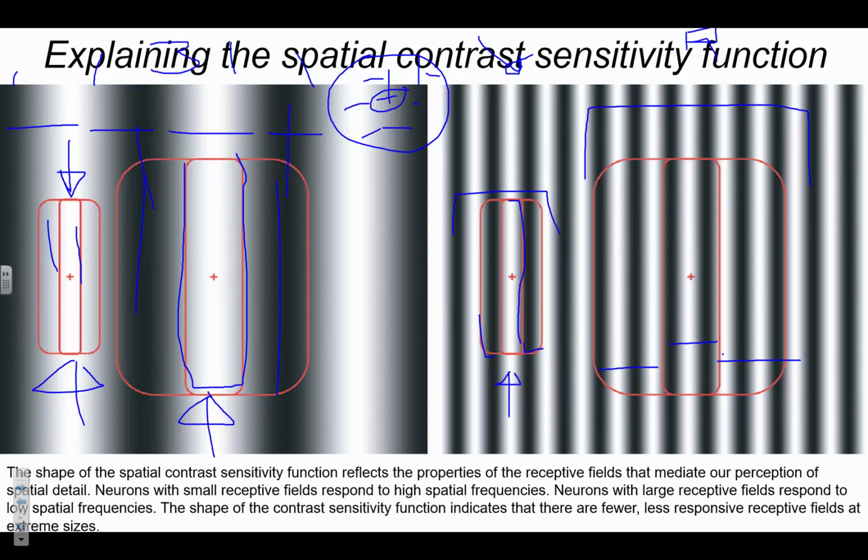So your large receptive fields, those magnocellular cells, those parasol cells, when they see a high spatial frequency object, whether that's a luminance grating I'm making you look at, or the words on your page, or you're at a distance looking at a forest and you see all of the individual trees, that's high frequency.